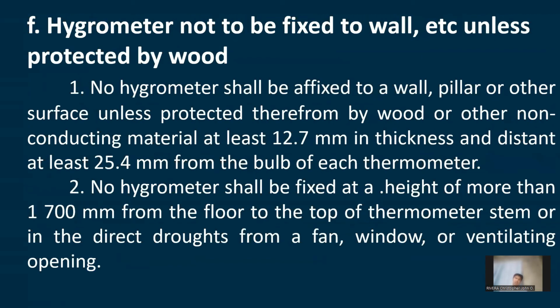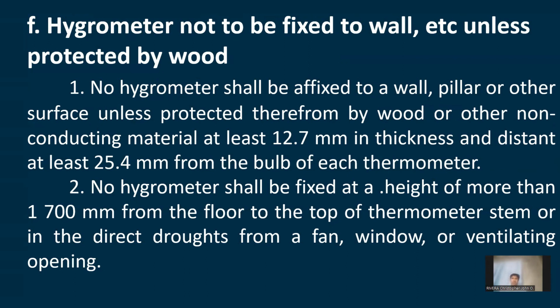F. Hygrometer not to be fixed to wall, etc., unless protected by wood. So 1. No hygrometer shall be affixed to a wall, pillar, or other surface unless protected therefrom by wood or other non-conducting material at least 12.7 millimeter in thickness and distant at least 25.4 millimeter from the bulb of each thermometer. 2.